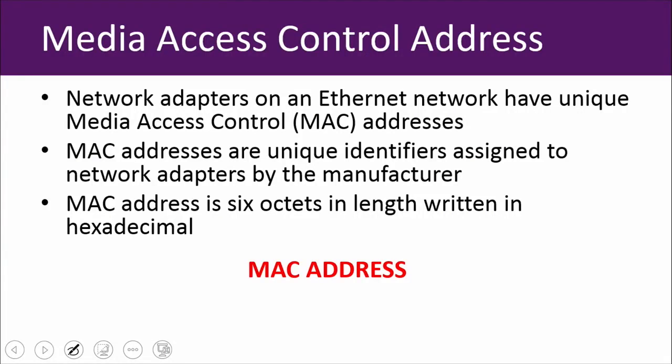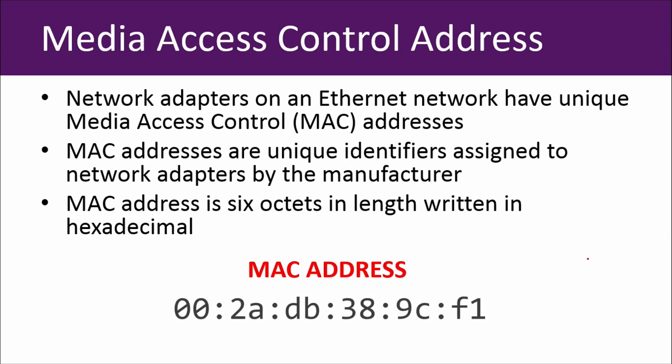They have MAC addresses, which identify them as unique devices. Okay? A MAC address, if we take a look back at the screen here, is 6 octets in length, written in hexadecimal format. And so you might be like, what does that mean? Hexadecimal includes 0 through 9, and then A through F. So you have 16 different characters there. And notice here, there are just 6 octets.